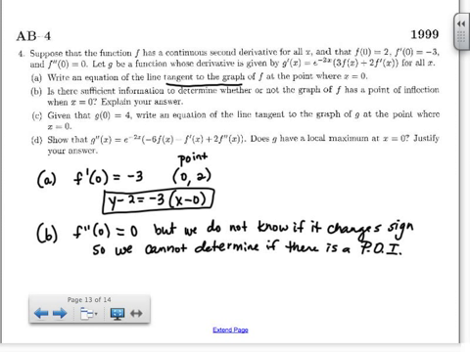Okay, and that is very confusing for a lot of people because they think if f double prime is equal to 0, there's automatically a point of inflection there. But here's an example. Think of y equals x to the 4th. Y prime is 4x cubed. Y double prime is 12x squared. That means at x equals 0, y double prime is equal to 0.